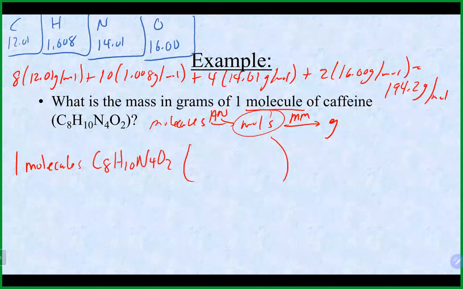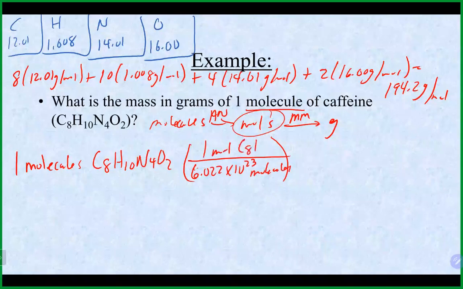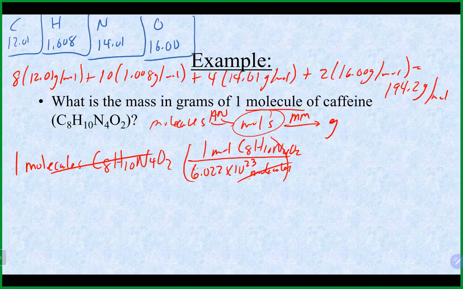Using Avogadro's number, we do want molecules to cancel, so we're going to put Avogadro's number on the bottom here, and that would be 1 mole up on top. Again, the molecules would cancel. At this point, if I stopped the calculation, I would be in moles, which is almost there, but we do want to use the molar mass that we just calculated to take us the whole way.